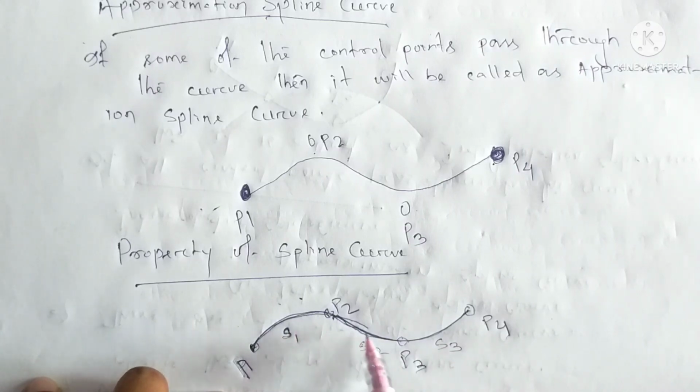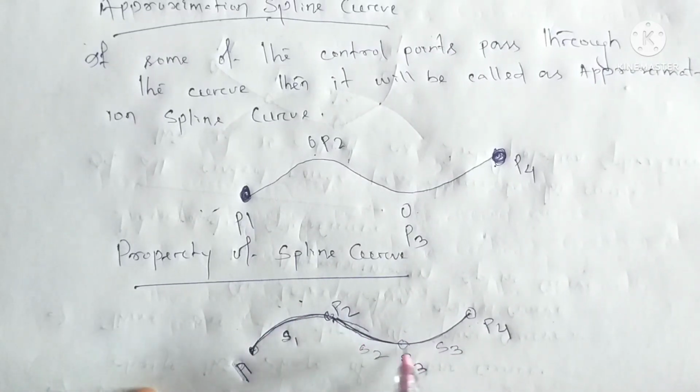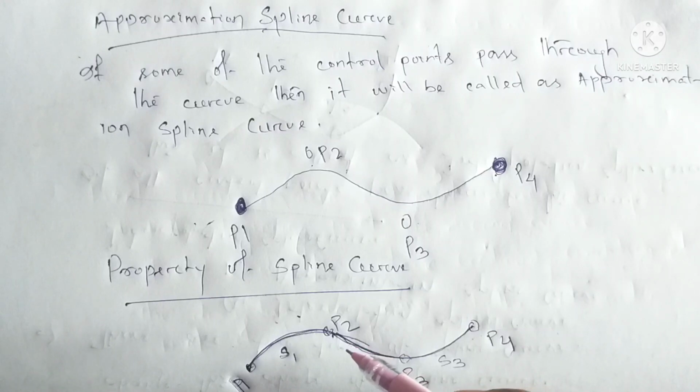So in order to maintain the continuity, we need to follow some property. If there is no continuity, then we cannot form a smooth curve. So as per the spline curve concept, we should draw the curve in one go.